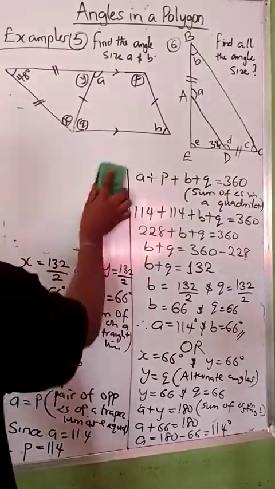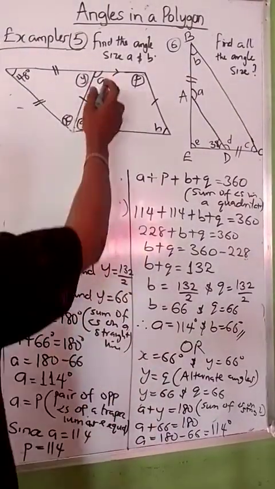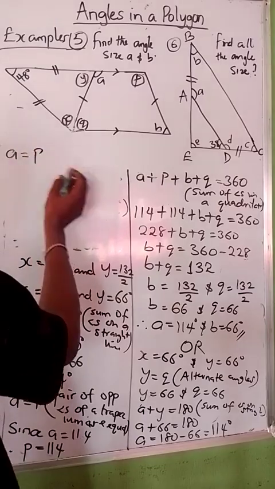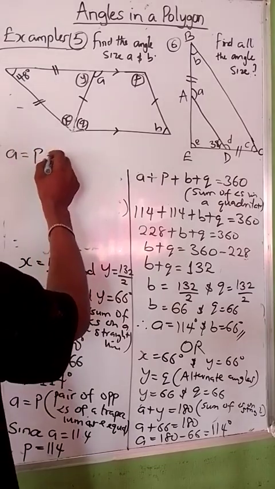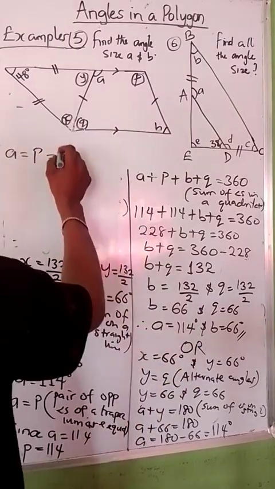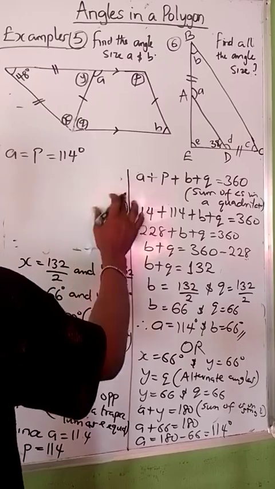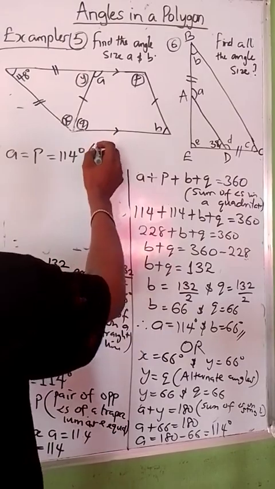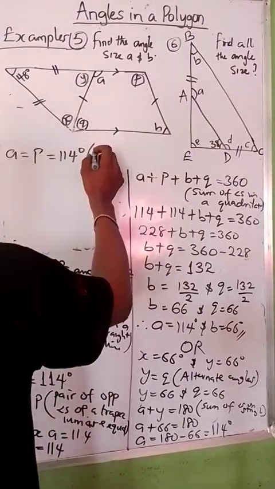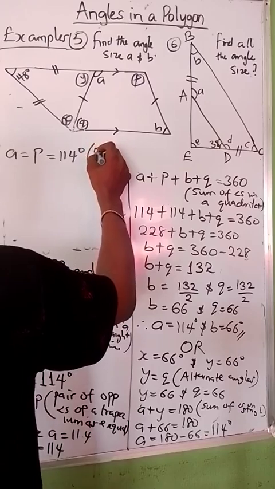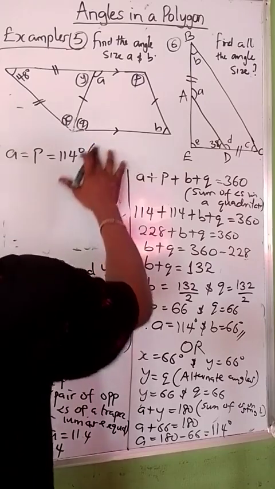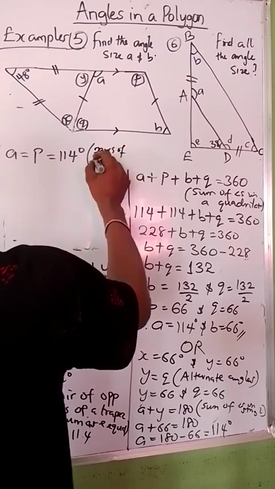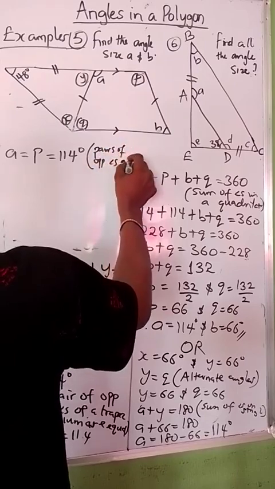Since our A is 114 degrees, the next thing you're going to do, as for the second method, is very straightforward. A equals P, which equals 114 degrees. Why? Pairs of opposite angles are equal.